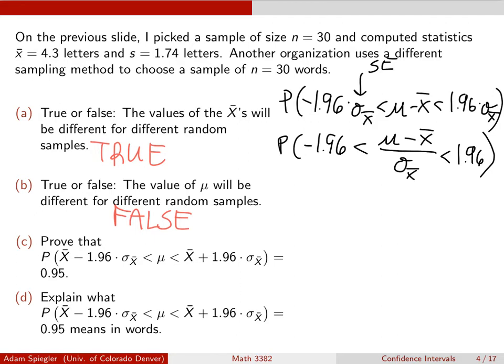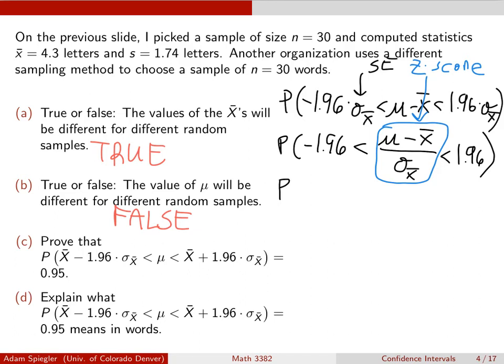So by subtracting X bar and then dividing by sigma X bar, we've got this equivalent inequality, and this over here is actually the z-score of X bar.